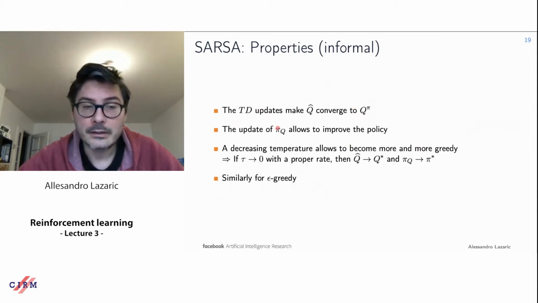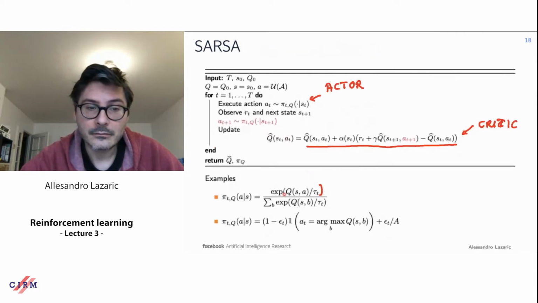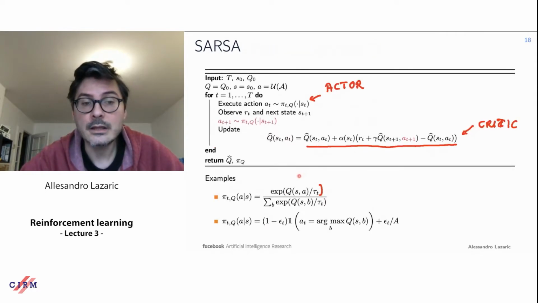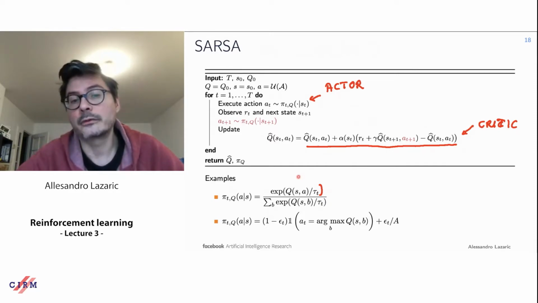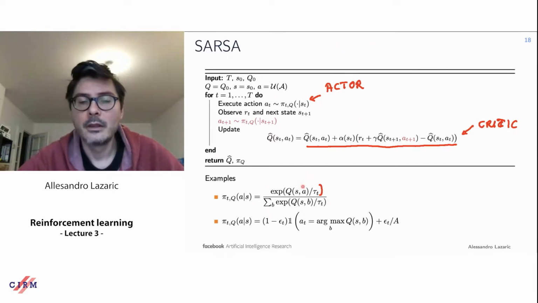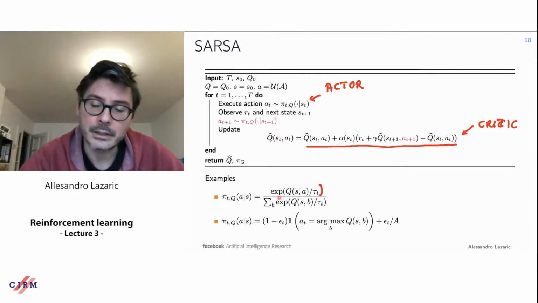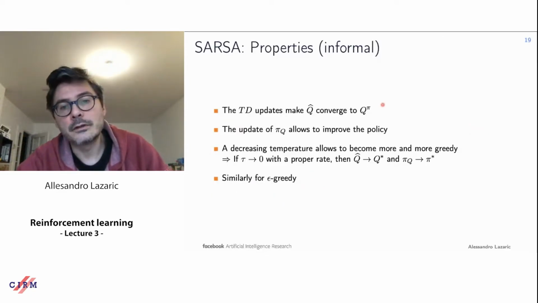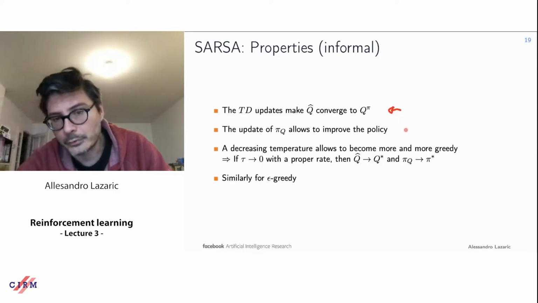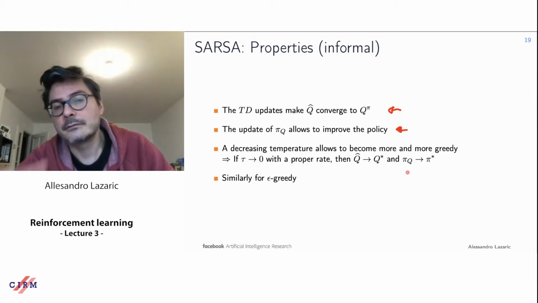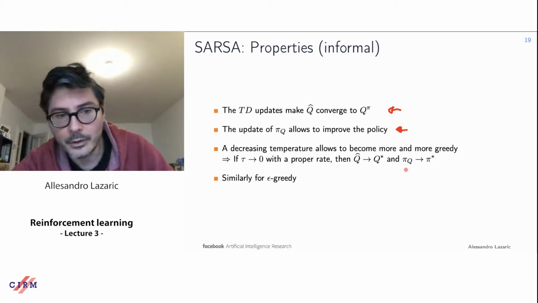I know that this form of the actor is improving because it's almost like taking the greedy policy. So it's improving with respect to the current policy estimated by the critic. So each of the two ingredients, this one is doing the policy evaluation in an approximate incremental way. This is doing the policy improvement in an approximate incremental way.